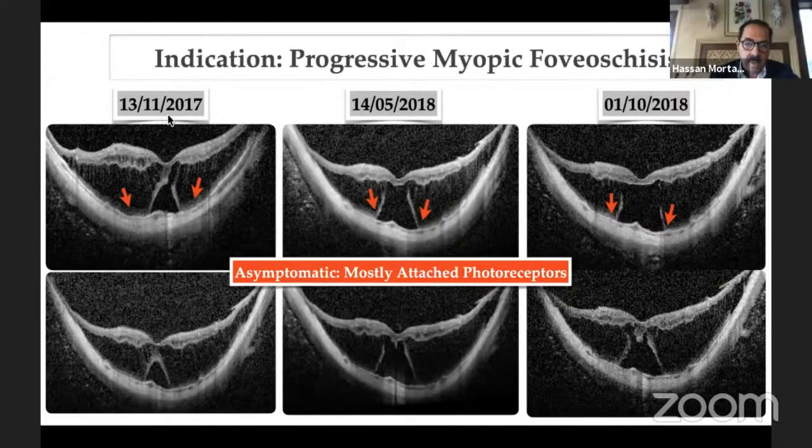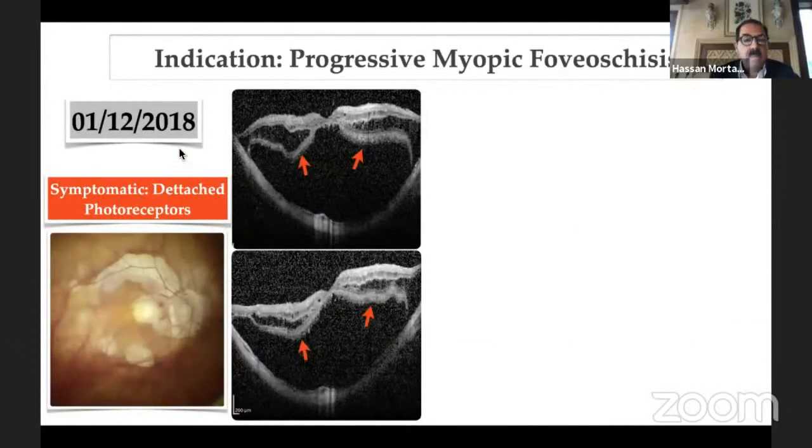In 2017, there was a schisis, but the photoreceptors were still attached. Although the OCT picture is striking, this patient is still asymptomatic. By the end of 2018, there was detachment of the photoreceptors and the patient started to become symptomatic.